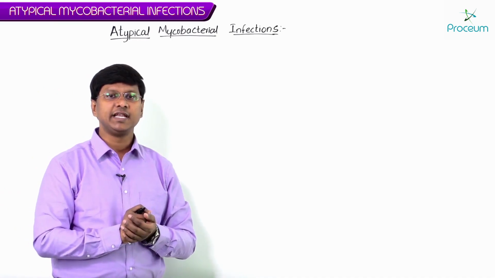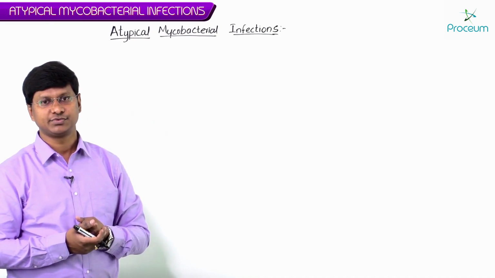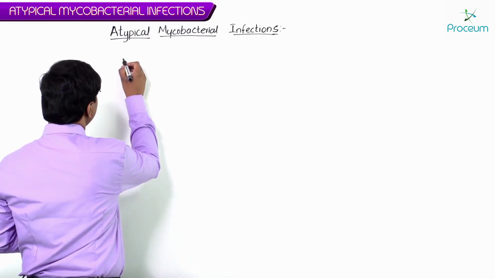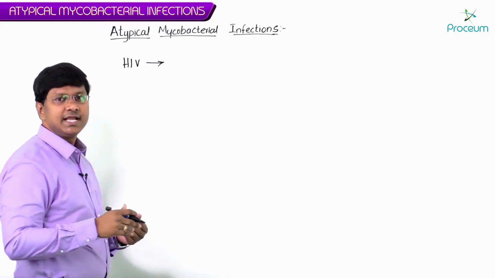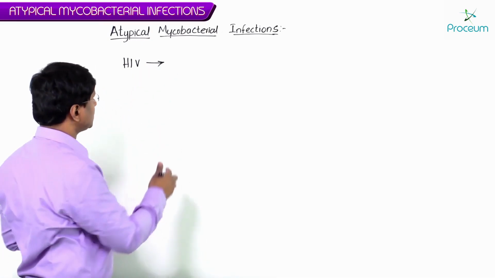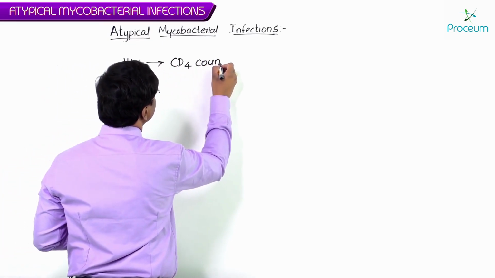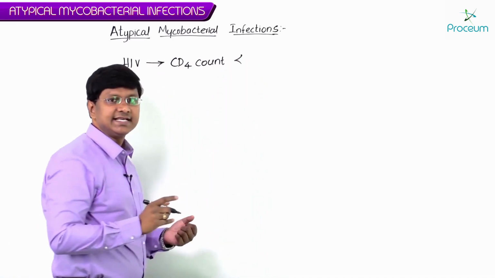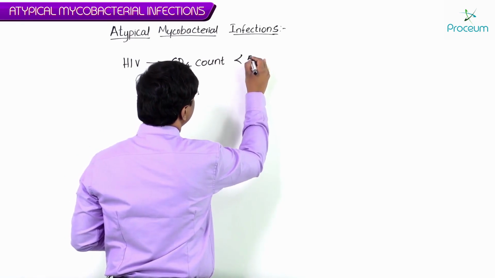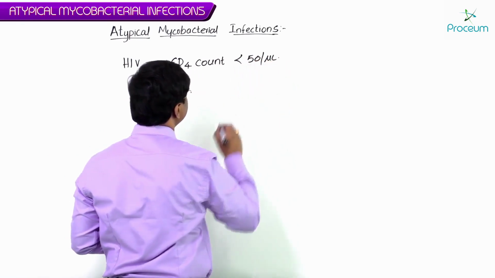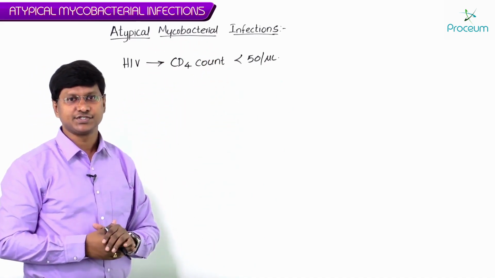Now, these atypical mycobacterial infections are very common in HIV affected individuals, and in those whose CD4 count is less than 50 per microliter, they are associated with atypical mycobacterial infections.